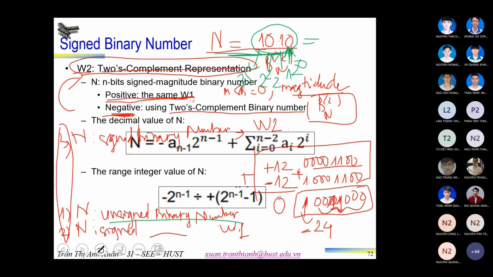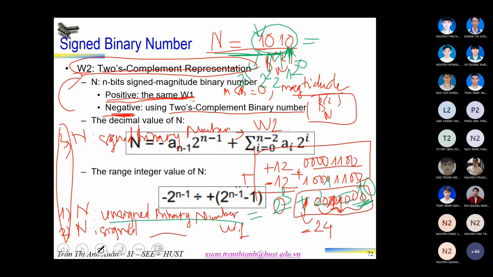So that means here for the first case we have this plus 1 and it equals 10. Okay, the decimal for the first case is 10. For the second, with the signed binary number, that means the MSB here is the sign bit.